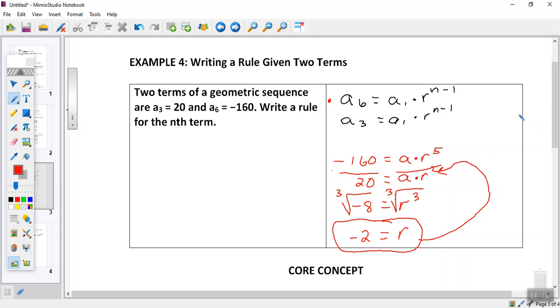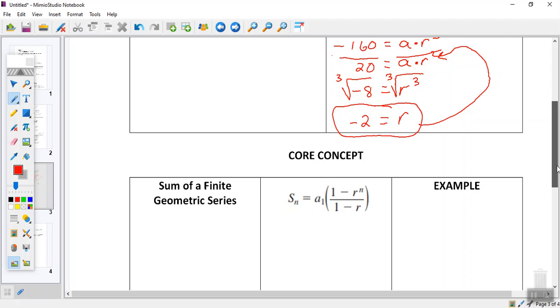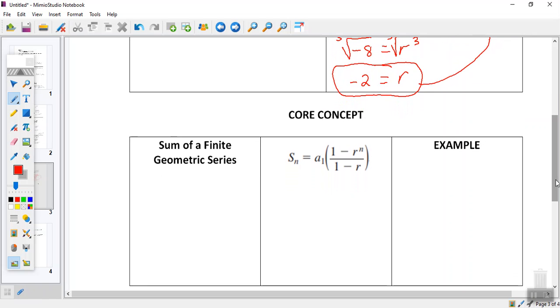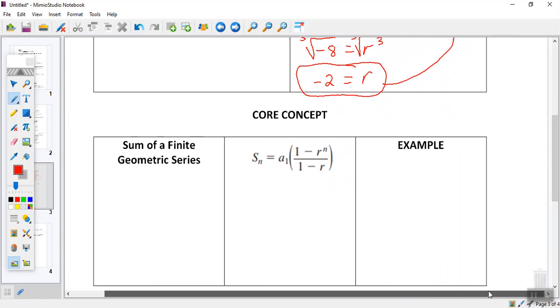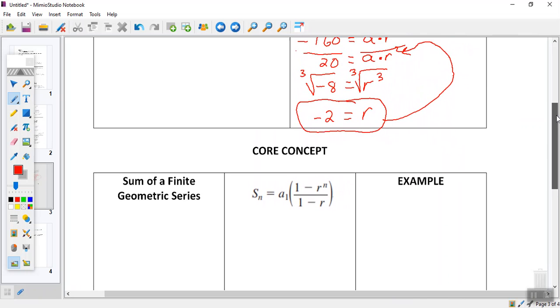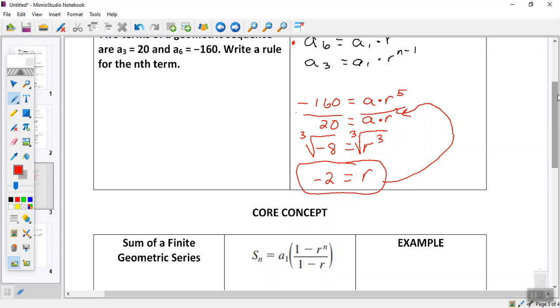So, you know r is -2, don't you? Yes. So right here, kids, I'll make some room here a little bit. I'm going to use this one right here, this 20 right here.